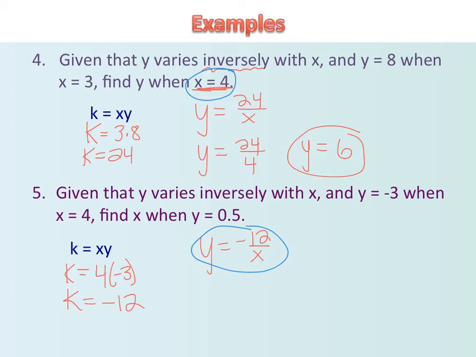Use that equation to predict by plugging in for y this time 0.5. So we've got 0.5 equals negative 12 over x. And basically we're saying 0.5 times what is going to give me negative 12.